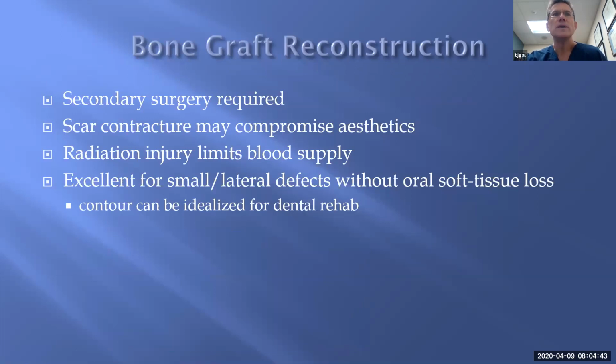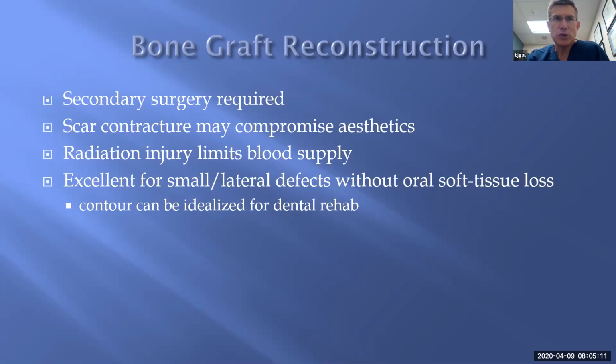And so another alternative is bone graft reconstruction. These are frequently staged procedures. There's a lot of scar contracture. If they've been treated with radiation and they've got bone loss, the blood supply is insufficient to supply the native mandible. So to put a non-vascularized bone graft is sometimes very, very challenging.